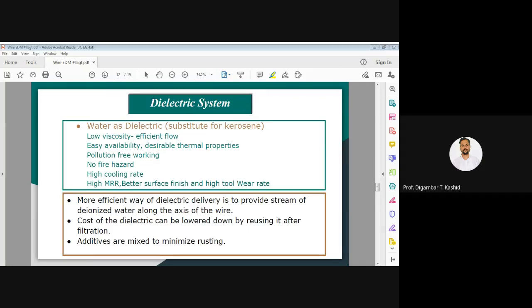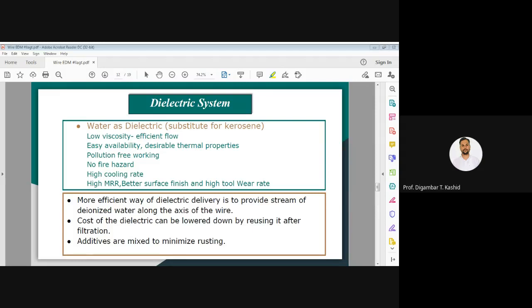Again, we should select a dielectric fluid which is more efficient. For delivery of this dielectric fluid we should have a good or more efficient way of dielectric delivery. That means we should have a system which will provide a stream of deionized water along the axis of the wire.